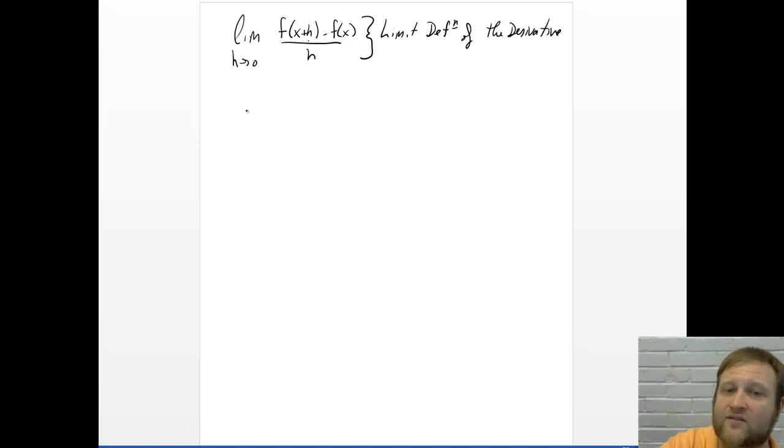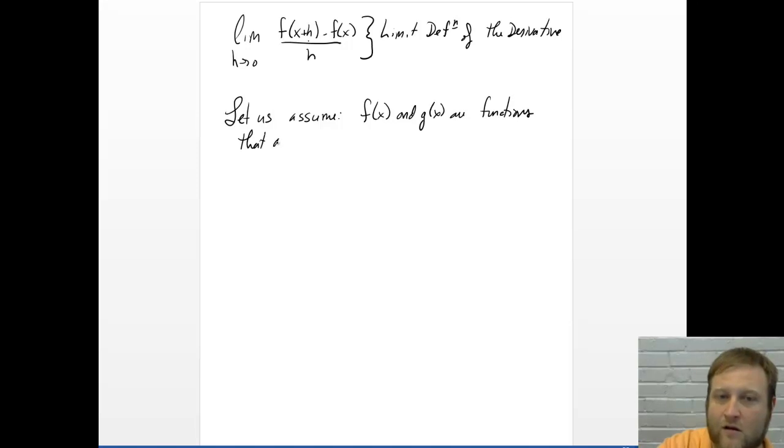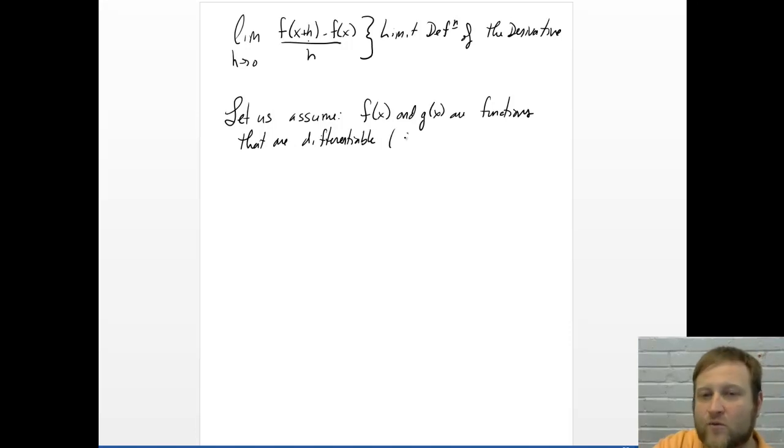However, let us assume, so we're going to have to make some assumptions here, that we have two functions, f of x and g of x, that are differentiable. And by us saying differentiable, we know that f prime of x and g prime of x exist.